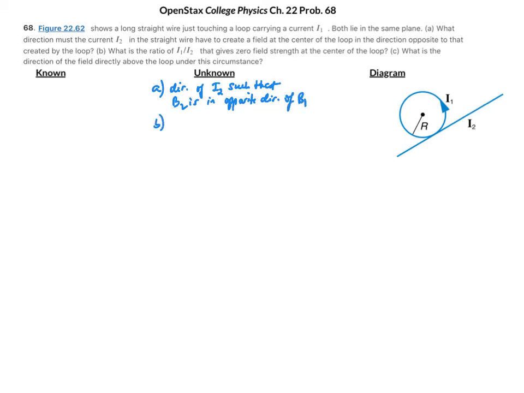In part B, I want to find the current I1 divided by current I2 so that the net magnetic field is 0 at the center of the loop. And in part C, we want to know the direction of the magnetic field above the loop.